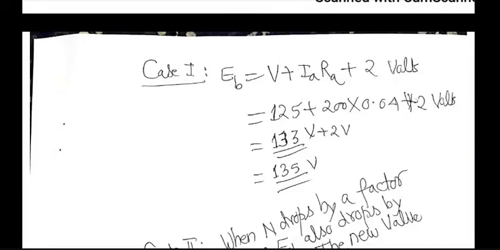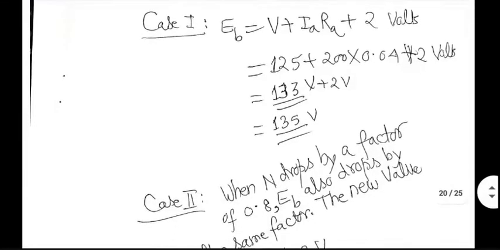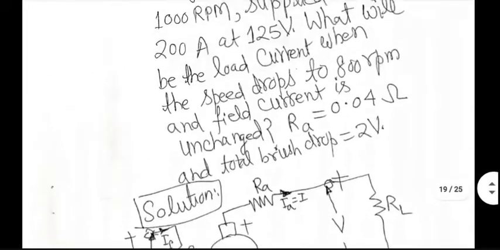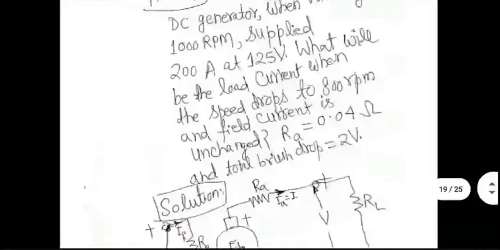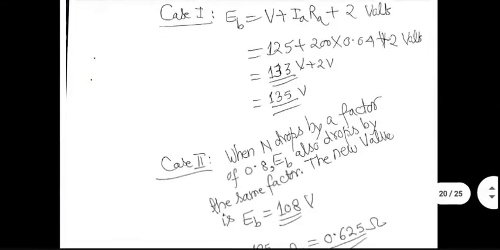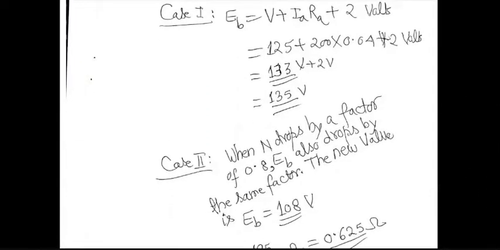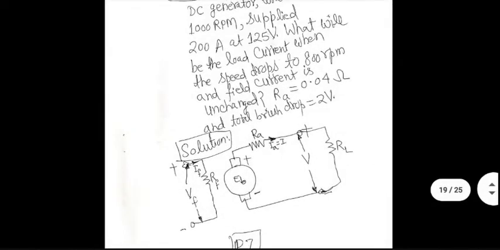EB turns out to be 135 volts. Now when N drops in the second case by a factor of 0.8, that means it has dropped to 800 RPM now. EB would also drop by the same amount, right? Because EB is phi ZNP divided by 60A.